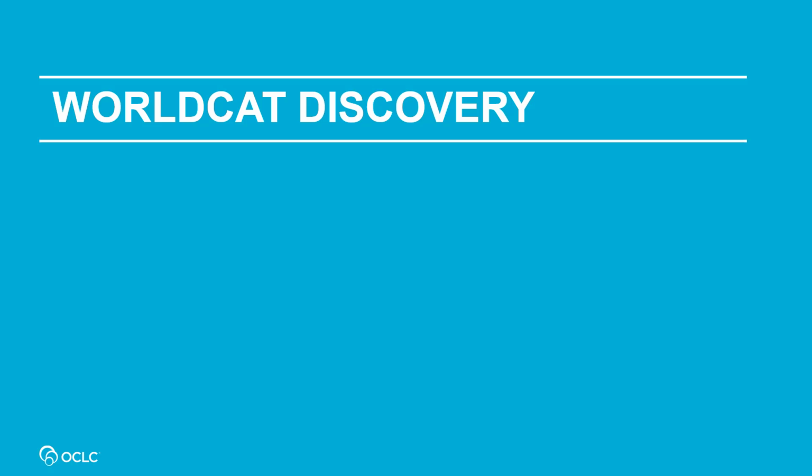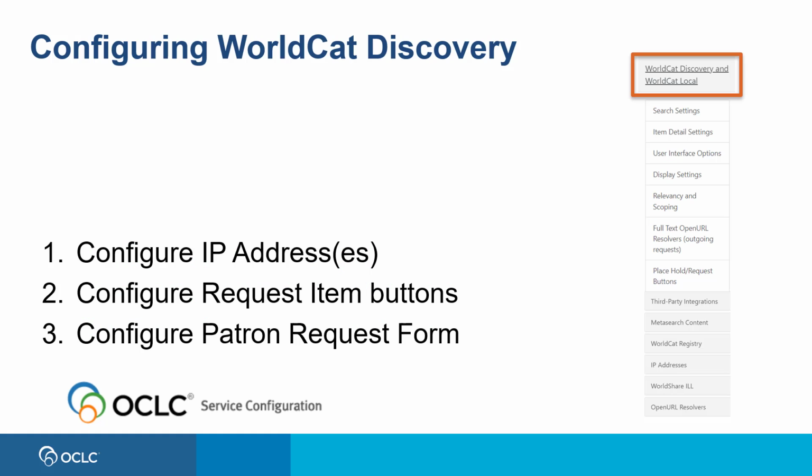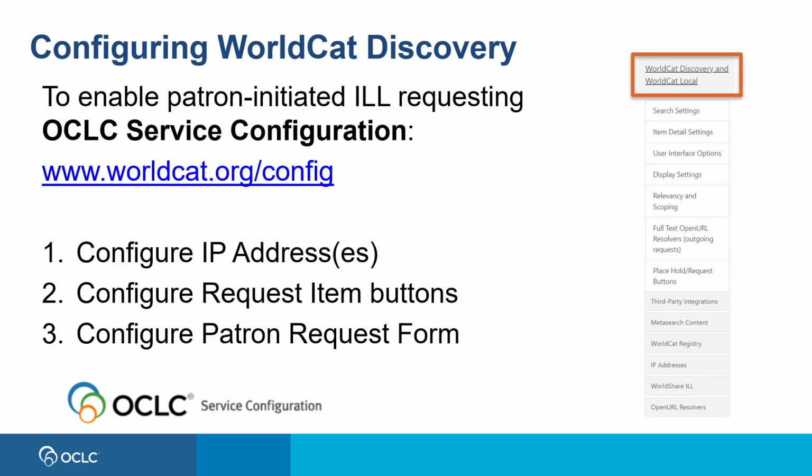So let's see how things work using WorldCat Discovery as the discovery tool and how to configure patron-initiated request for WorldCat Discovery. The first step is to configure WorldCat Discovery to enable patron-initiated ILL requesting. This is done in OCLC Service Configuration.